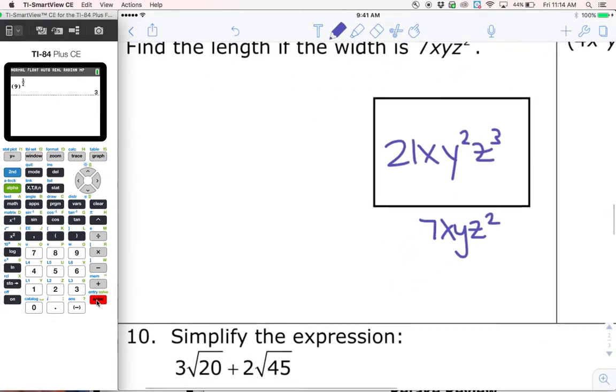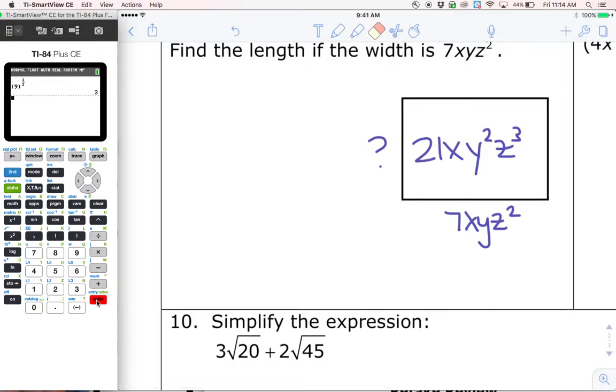So what that's telling me is I don't know this side, which usually I would multiply this times this to get my area, but I already have my area, so I have to work backwards, which means we are not multiplying, we are dividing. So take your whole area, and you're going to divide it by the piece that we have, which is 7xyz squared, to get the piece that we are missing. Okay?